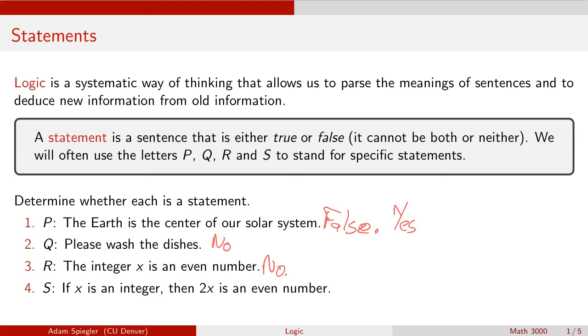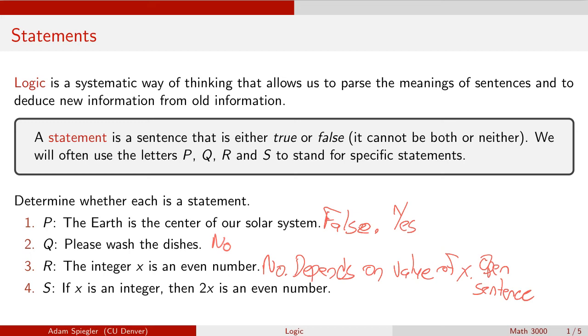It depends. And so the truth or falseness of this statement depends on the value of x. And when we have that sort of behavior, that whether or not it's true depends on the value of a variable, we call this an open sentence. Okay, and so depending on the value of x, that sentence can be true and that sentence can be false.